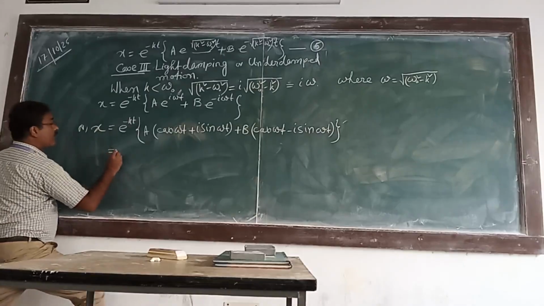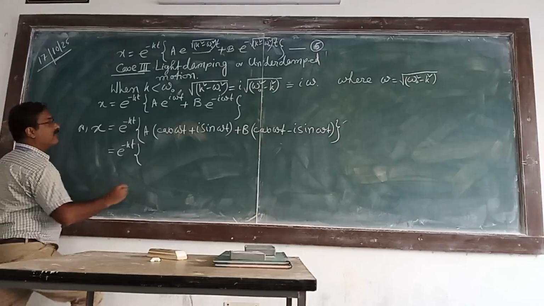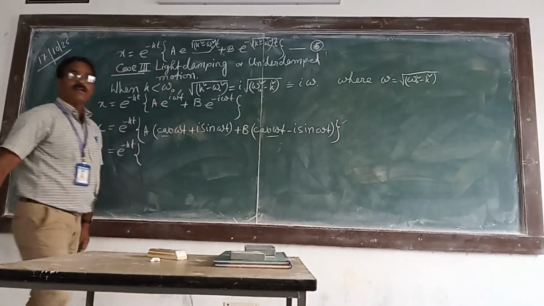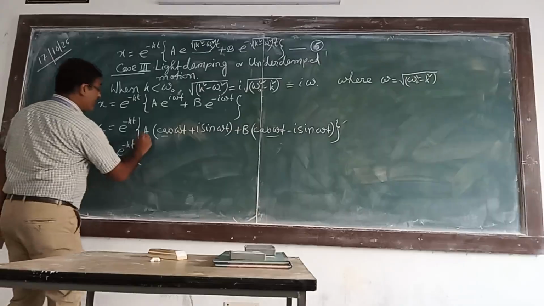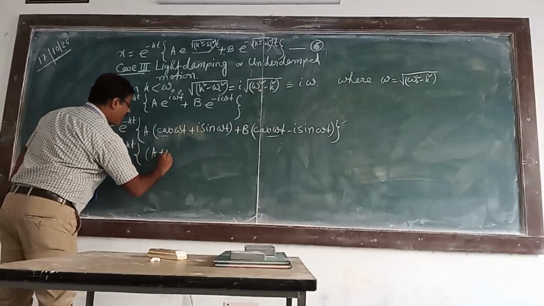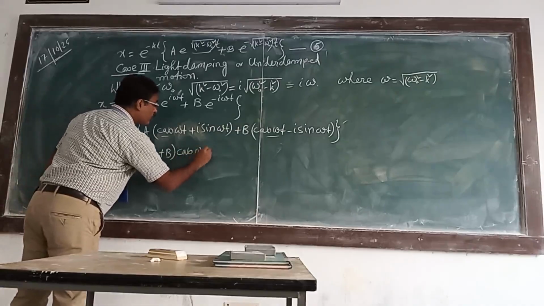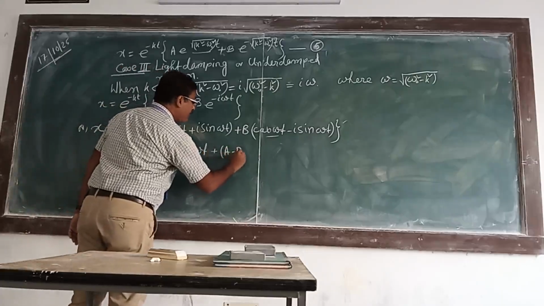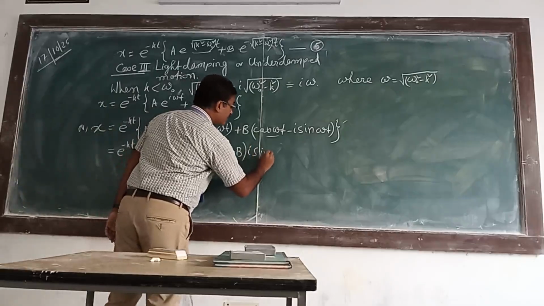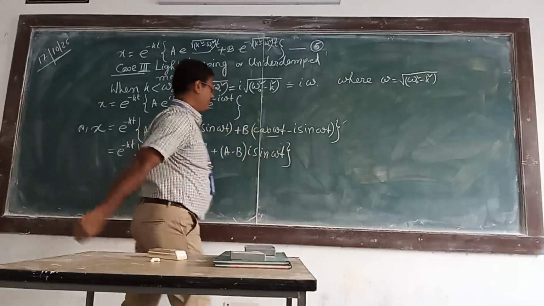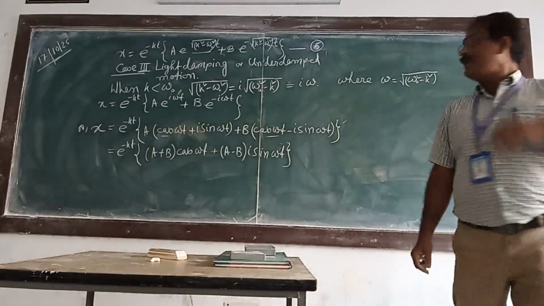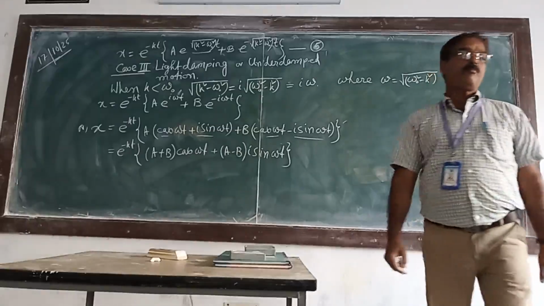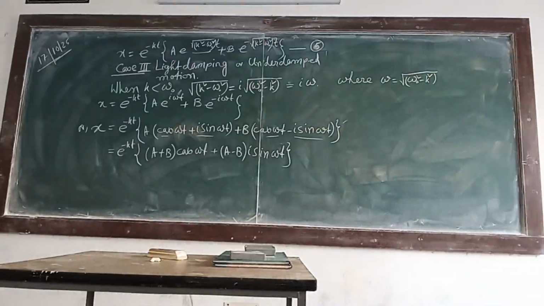So this equals e to the power minus kt. This is cos omega t, and this is also cos omega t. So this will be a plus b into cos omega t plus a minus b into i sin omega t.